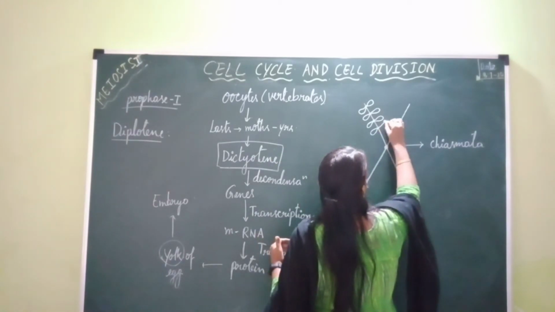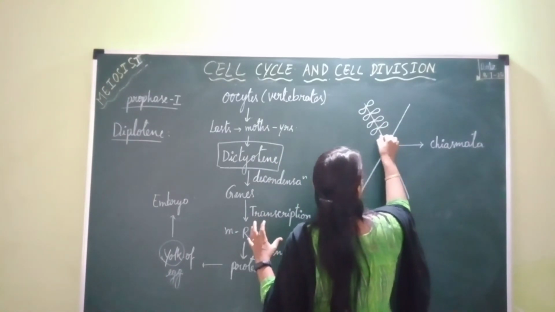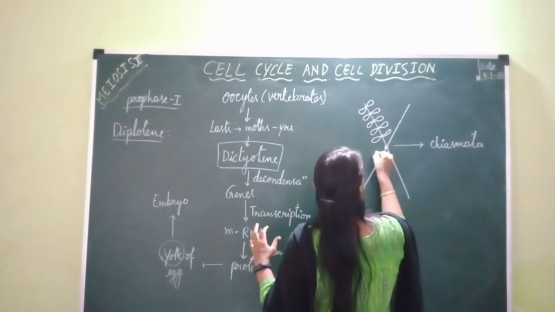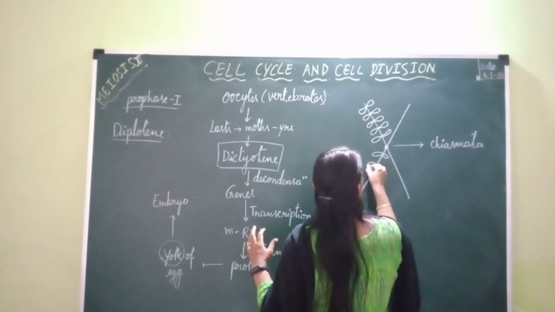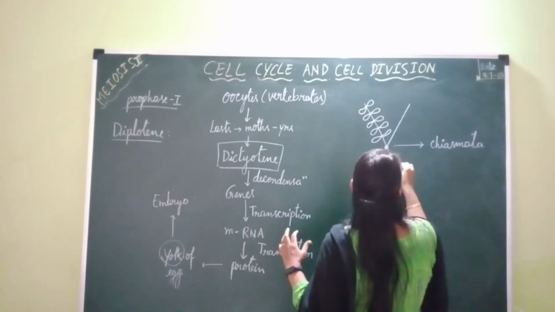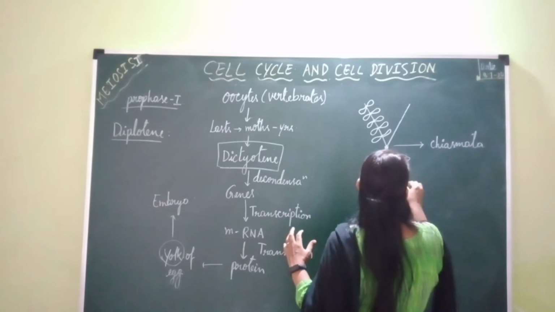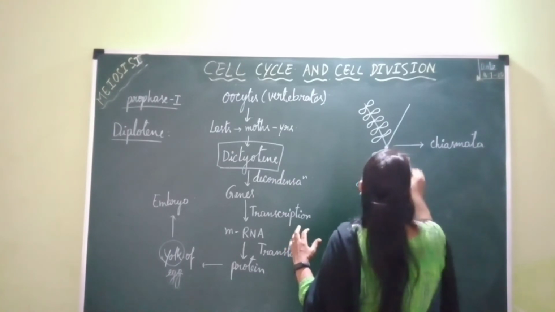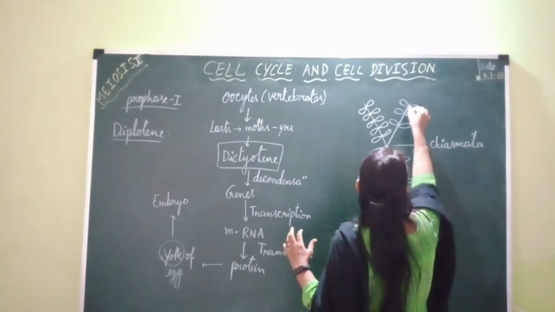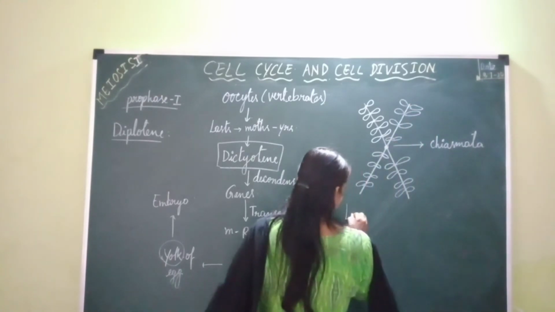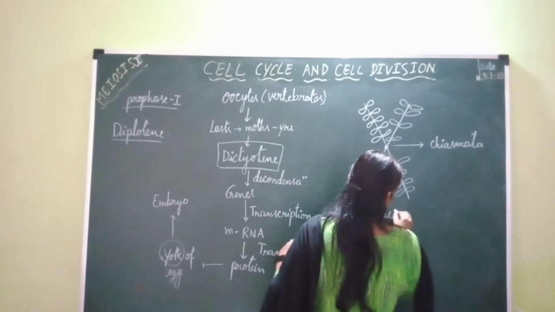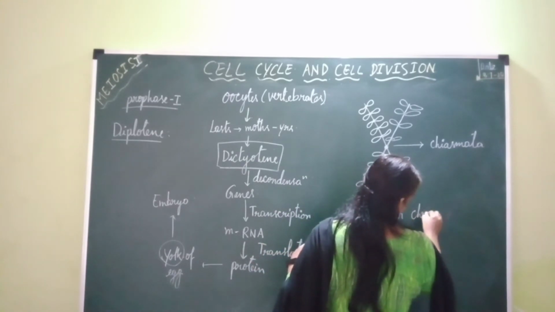So the points where this decondensation of chromosomes occurs, loops will be formed. These chromosomes along with loops give a brush-like appearance. These chromosomes are called Lampbrush chromosomes, as they give a brush-like appearance.